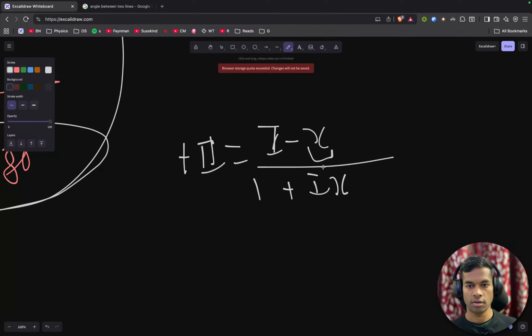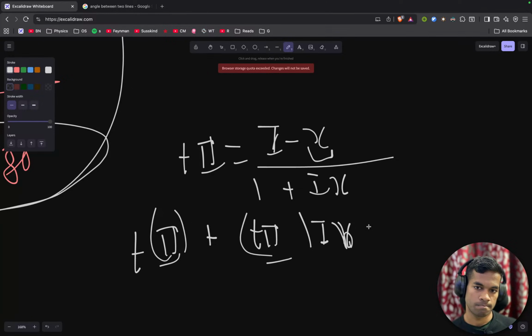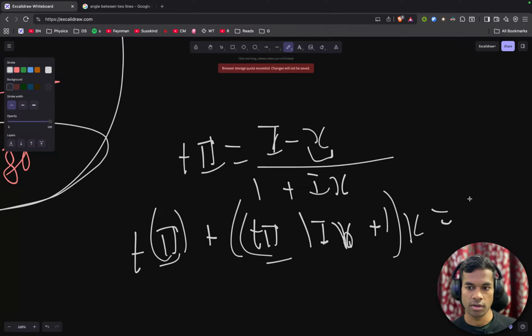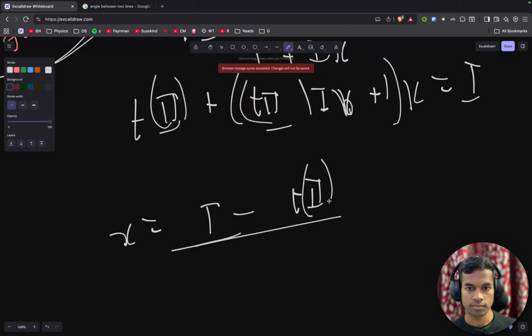So x, we don't know x. tan of the second angle plus tan of the second angle into first, plus 1, whole thing into x equals the first angle. Therefore x would be equal to the first angle minus tan of the second angle, divided by 1 plus first angle into tan of the second angle.